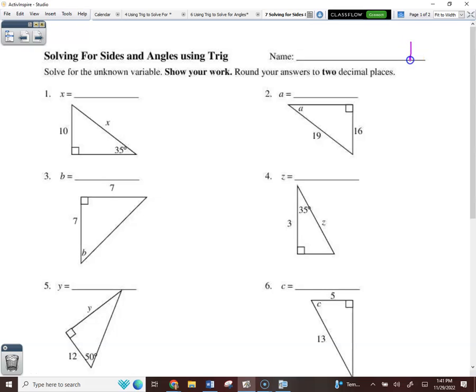Page 75. Over here, let's copy sine: opposite over hypotenuse. Cosine: adjacent over hypotenuse. Tangent: opposite over adjacent.